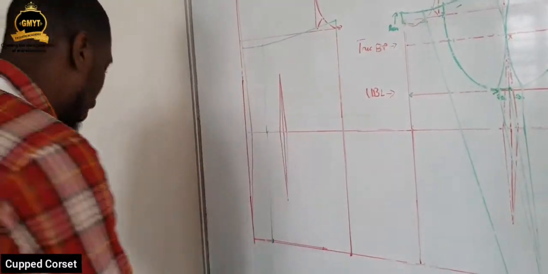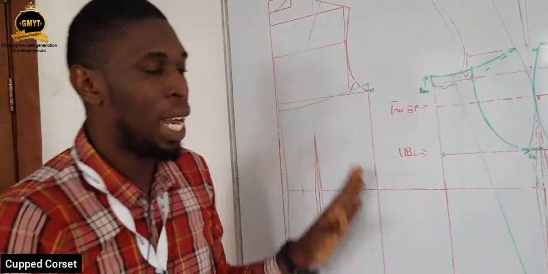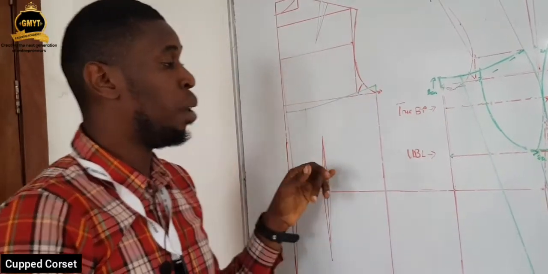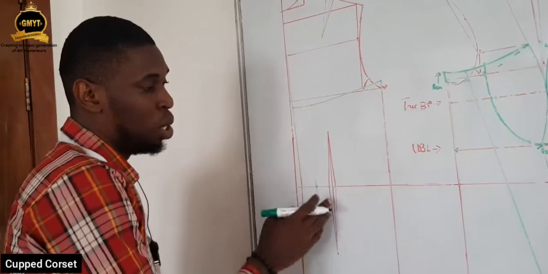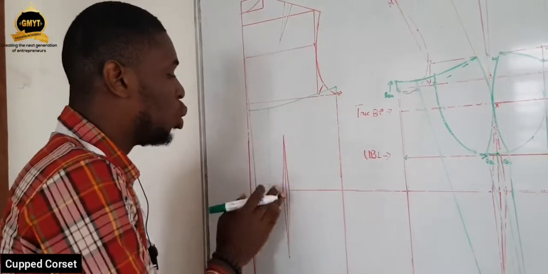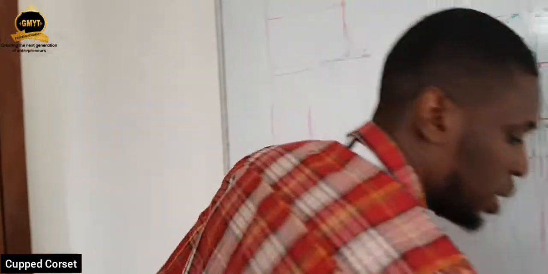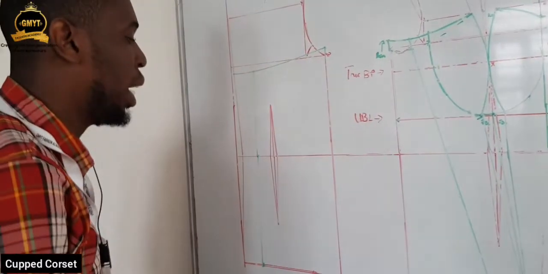So now, why am I doing this? I need to indicate this part before the style line. It is very, very important. I need to indicate it because for this part, I was using the dart placement we had before. So now I will be able to do what? Erase this dart placement and then probably take it to another part.